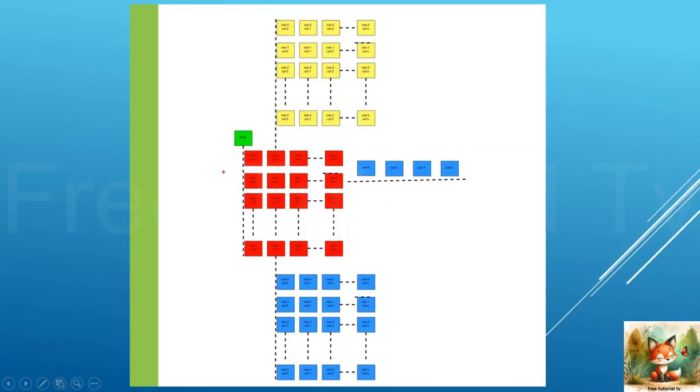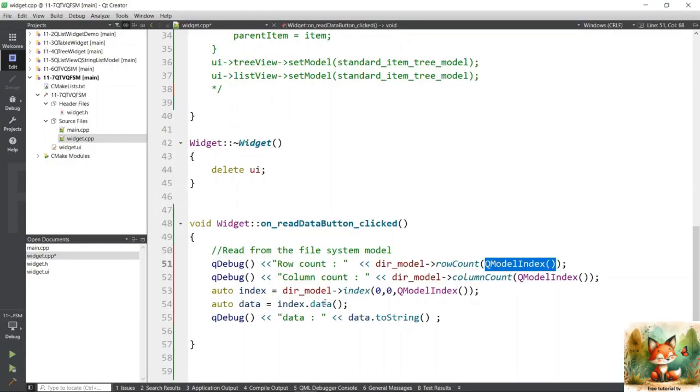And what this is going to do is really grab an item like this. Once we have the index, that's what we're going to get from the index method here, we can call the data method. We are using a default role here, so this is going to be the display role, and we will print the data. So this is going to be our dir model. Remember that.